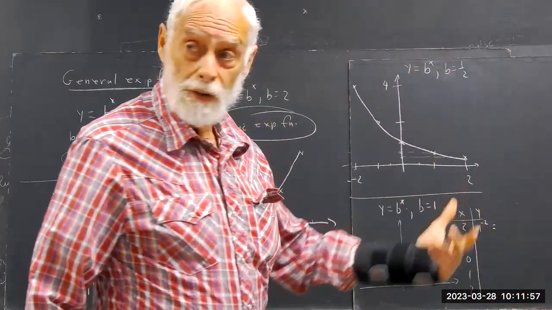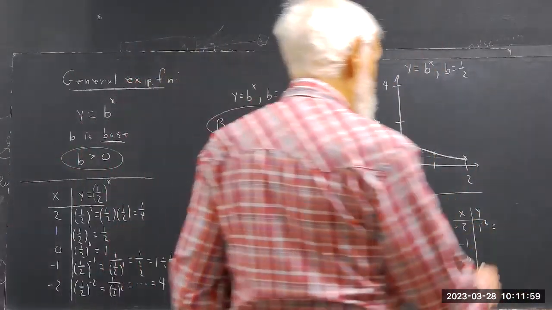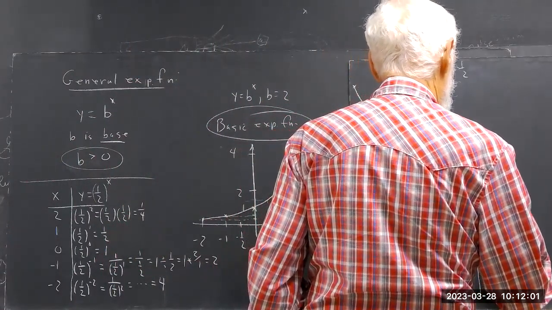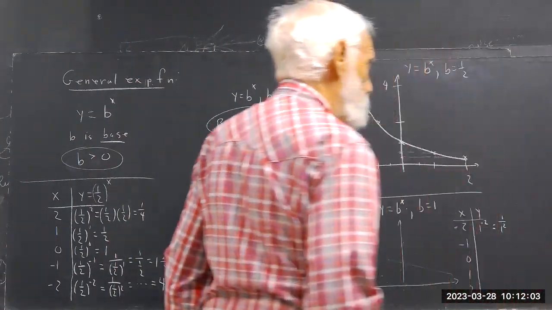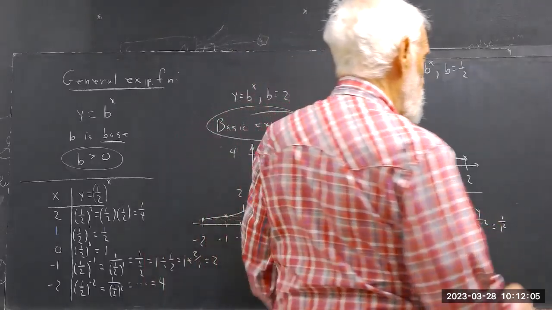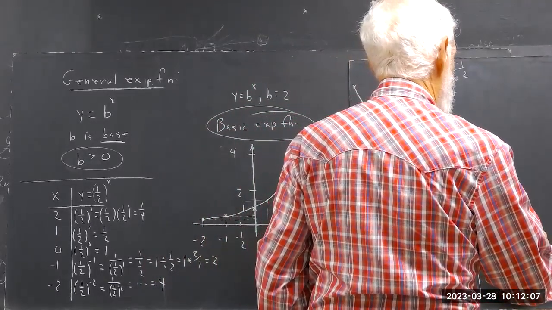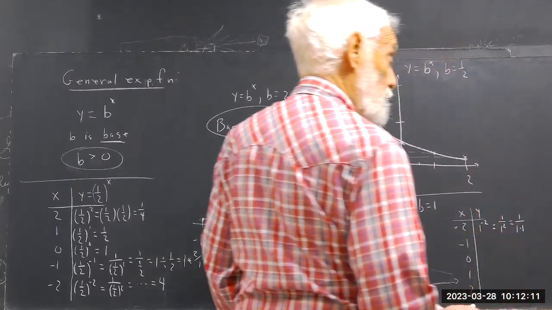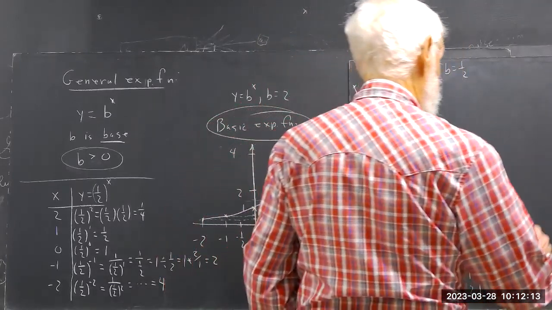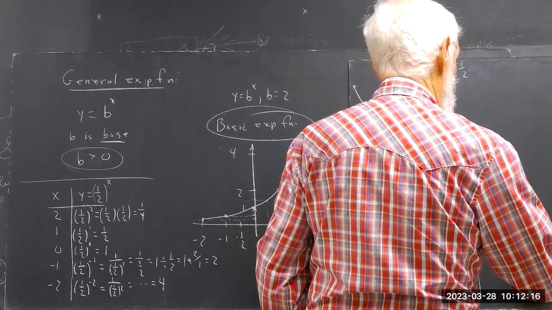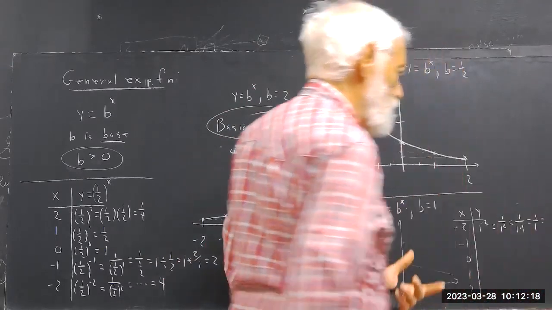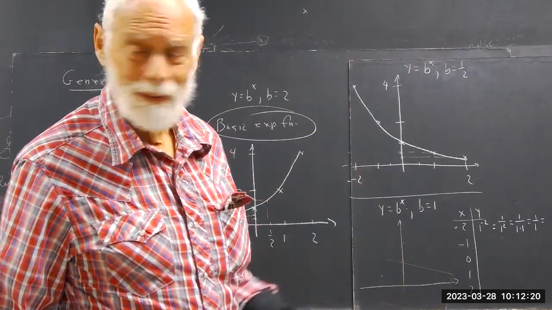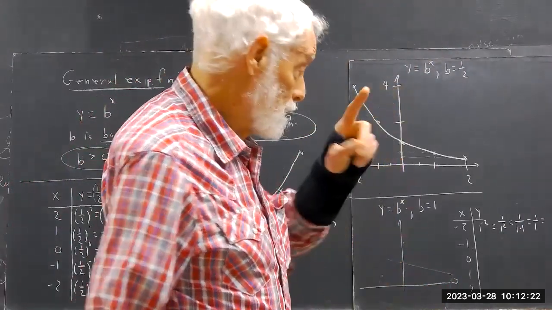What's 1 to the -2? That's 1 divided by 1 squared. Well, 1 squared is 1 times 1. We got 1 over 1. What's that?